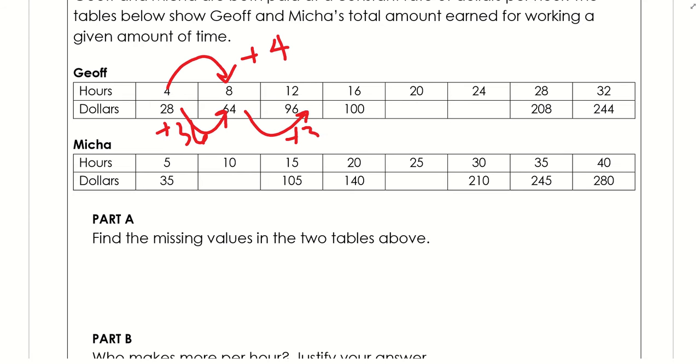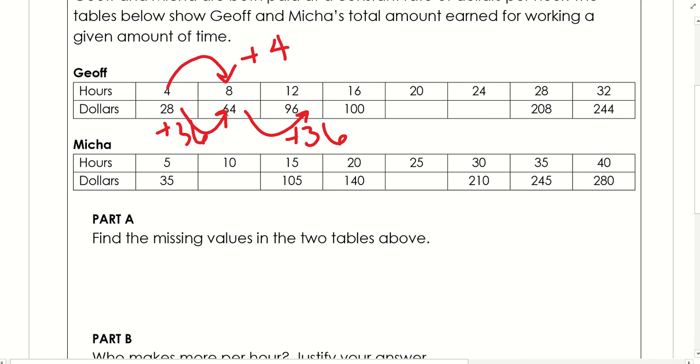plus 36. If I wasn't sure how many dollars Jeff was increasing by every time I went up one level in my table, I could just do 64 minus 28 or 96 minus 64 to figure out that difference.